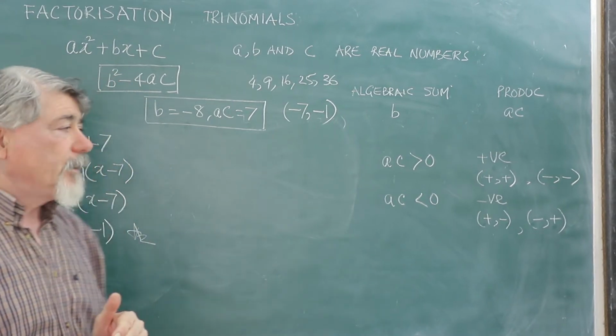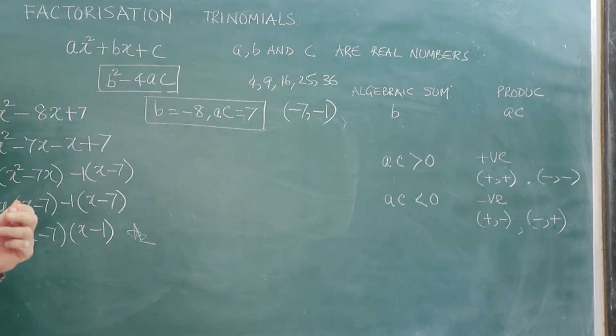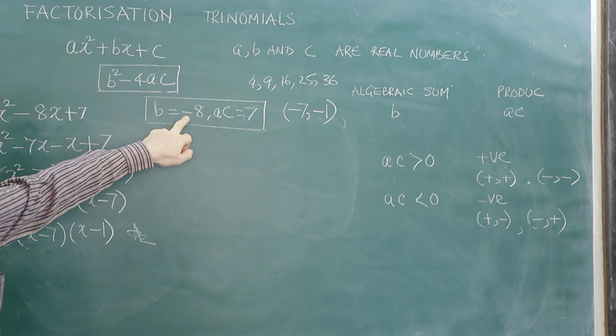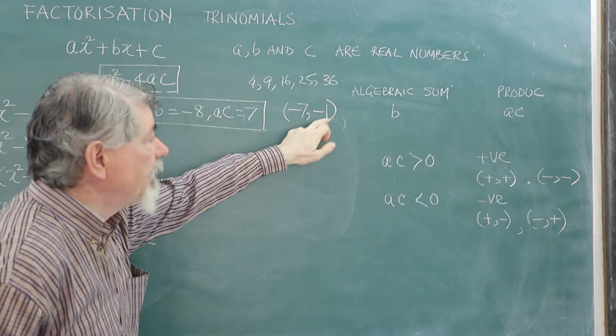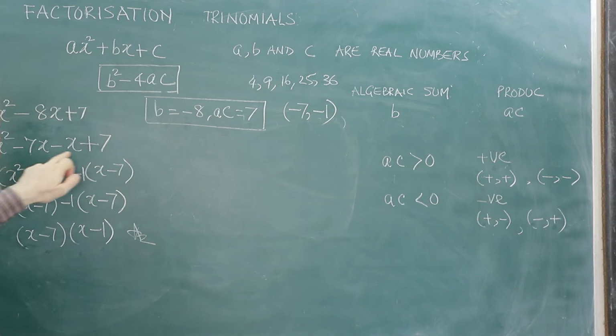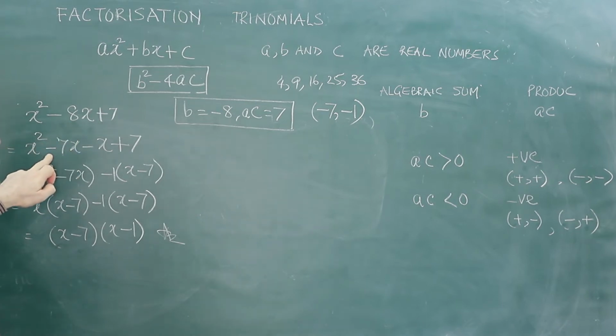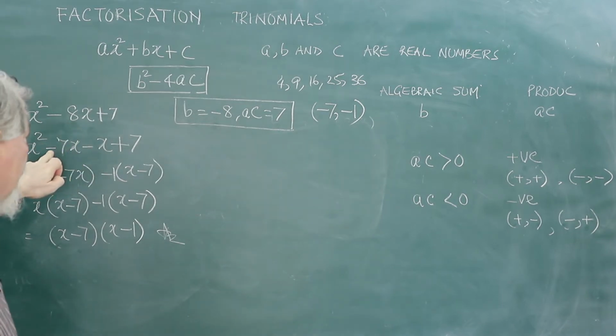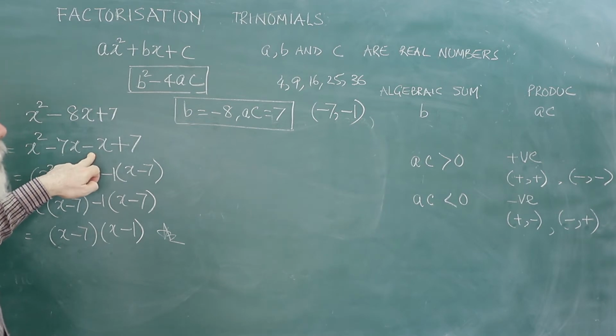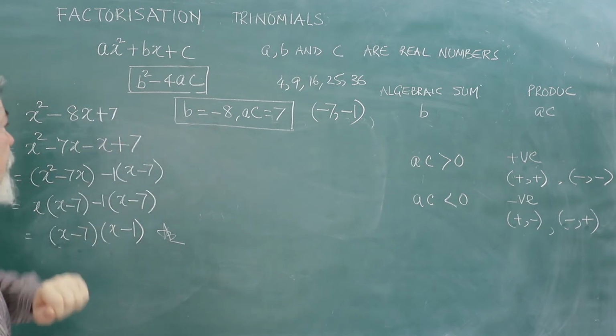They have to be of the same sign. So here we found that because the middle term was negative, it will be minus 7 minus 1. Minus 7x minus x will give you minus 8x, and minus 7 and minus 1 when multiplied, a and c, will give you plus 7.